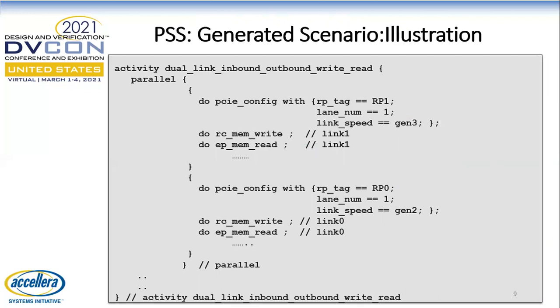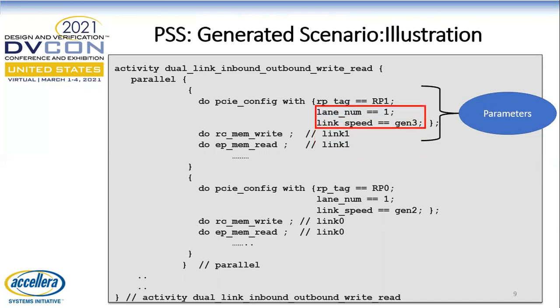Moving to the next slide, PSS generated scenario. The loaded base scenario is configured with different parameters. That is, you can see that the parameters are configured in the tool and it is varied here from the previous slide.